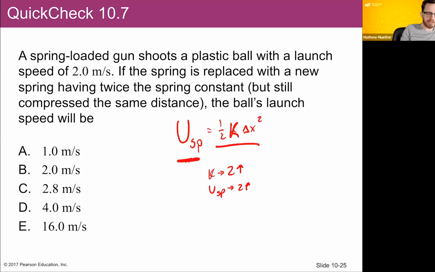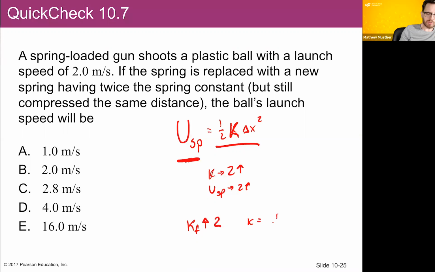Energy conservation then tells me that my final kinetic energy, which is coming from the transformation of spring potential energy into kinetic energy, also has to go up by that same factor of 2. I have twice the amount of initial potential energy. That's going to lead to twice the amount of realized kinetic energy.